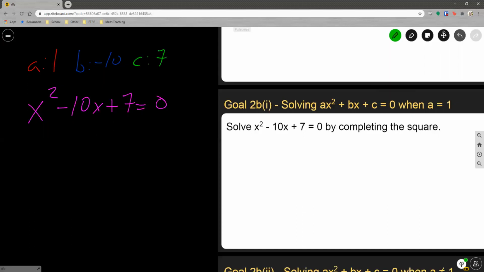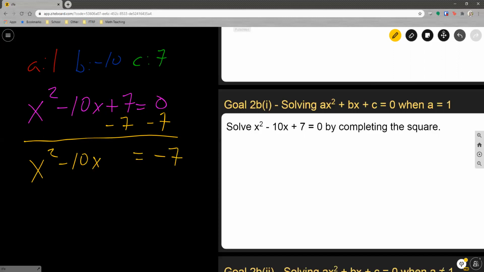The a and b values are going to stay the same, but that c value is going to change. I'm going to create a new quadratic that has a c value that makes it a perfect square trinomial. So I'm going to move the 7 from the left side to the right side. Now I've got x squared minus 10x equals negative 7.